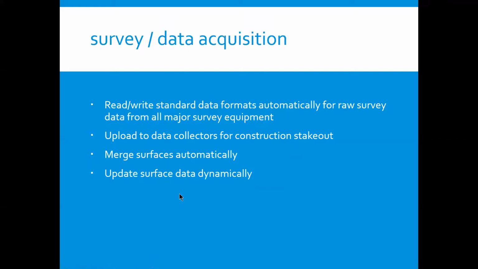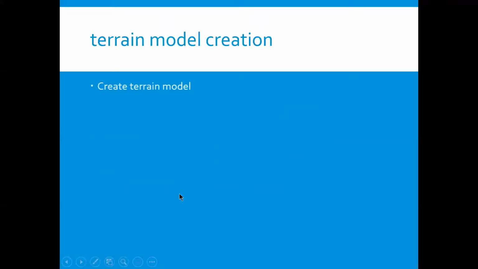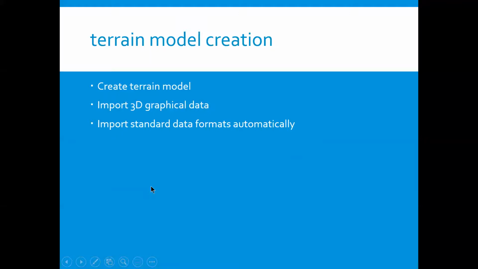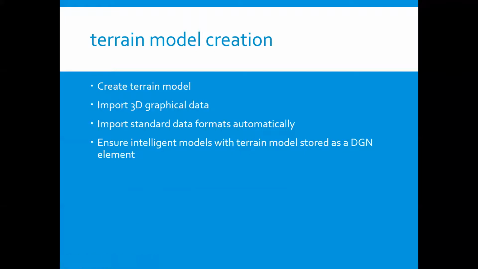Update surface data dynamically. Software will create terrain models. Import three-dimensional graphical data, import standard data formats automatically, and ensure intelligent models with a terrain model stored as a DGN element, which stands for the design element, and use across disciplines via reference files.